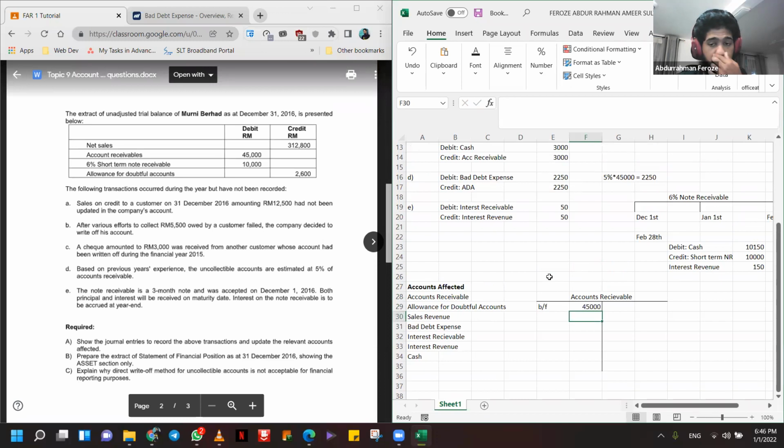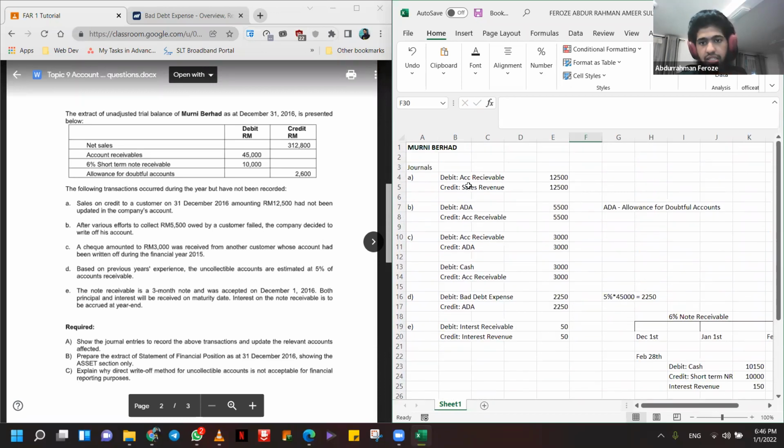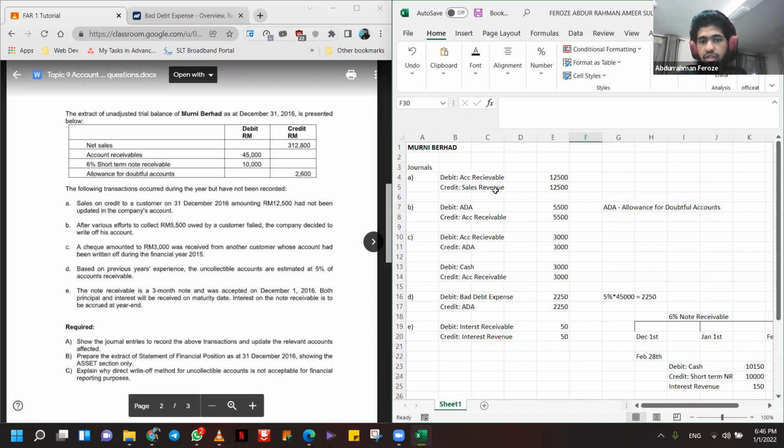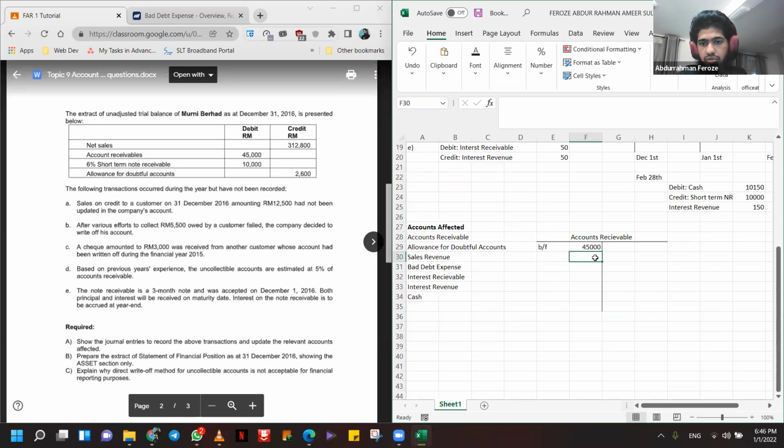Now we need to go through the journals and we need to add them to the T account, right? So the first journal is account receivable debited 12,500, sales revenue credited 12,500. So we put 12,500 here.